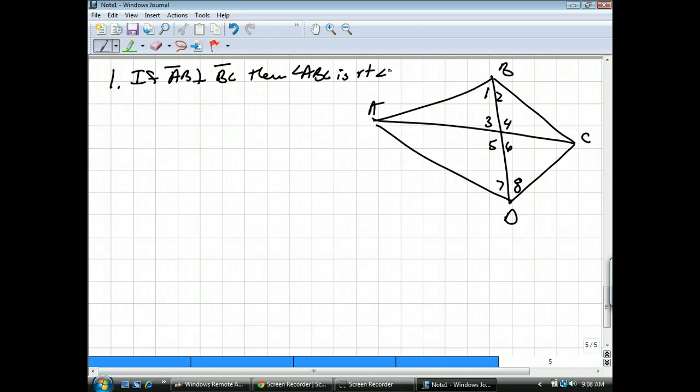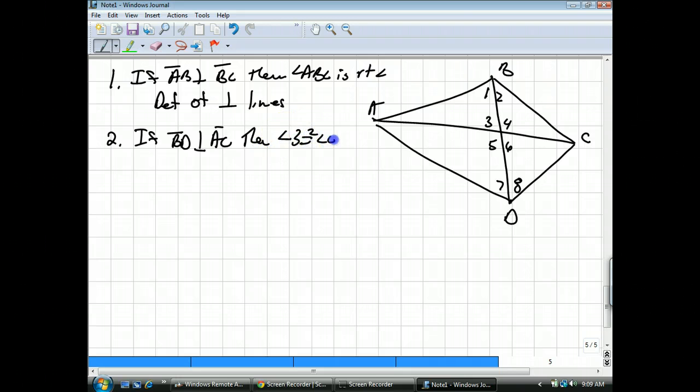The thing that allows me to say that is the definition of perpendicular lines. Number 2: if segment BD is perpendicular to segment AC, then angle 3 must be congruent to angle 4. What allows me to say that?